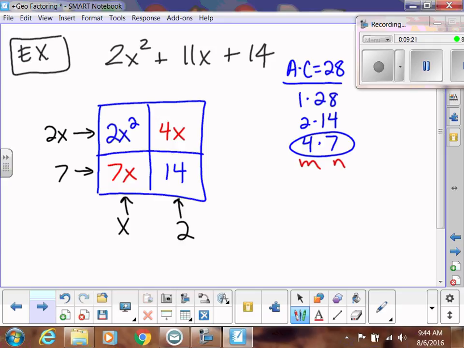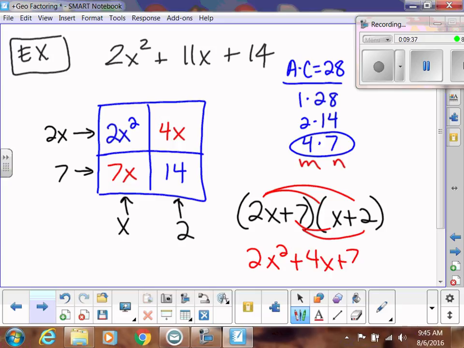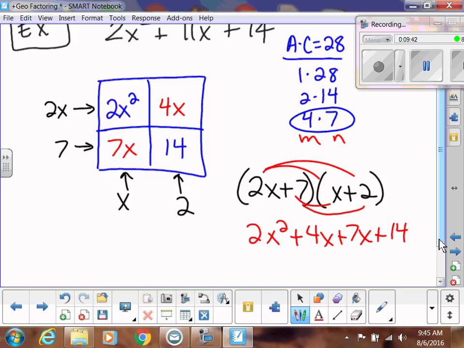So my factors would be 2x plus 7, and then x plus 2. Let's do a quick check. You could do this mentally or write it out. So 2x squared plus 4x plus 7x plus 14. So is that going to give us what we started with? Yes. Okay, so we're good.